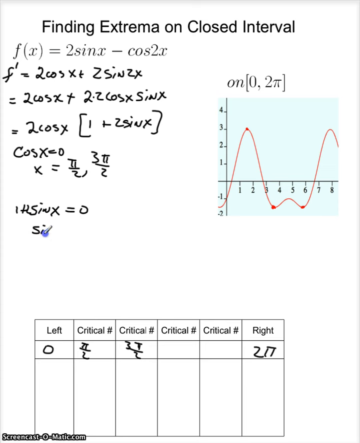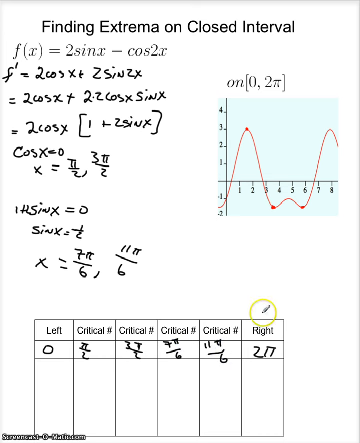That's when sine of x is -0.5. Now on this interval, where does that occur? Well, that occurs when x is 7 pi over 6 and 11 pi over 6. Okay, so those are our two numbers here.